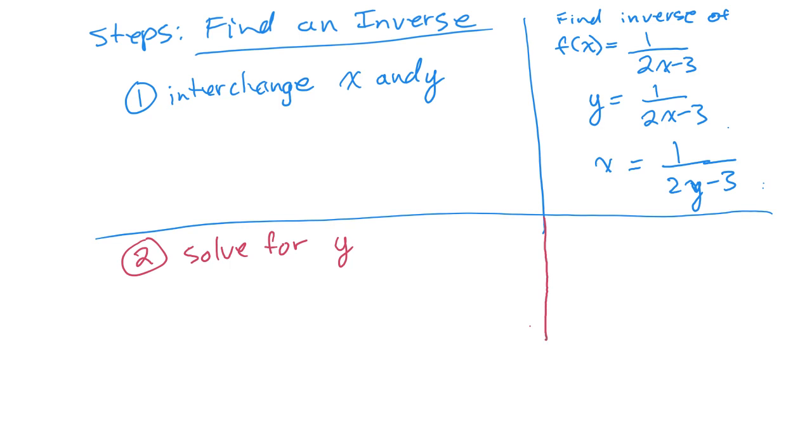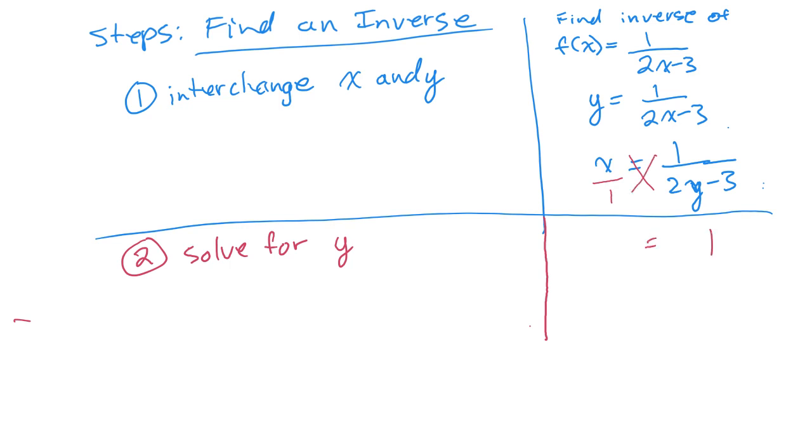So we have x is equal to 1 over 2y minus 3. So what we have to do is some sort of cross multiplication. So now I'm going to turn this into something over 1. And I'm just going to do a cross multiplication to kind of bring all these things together.